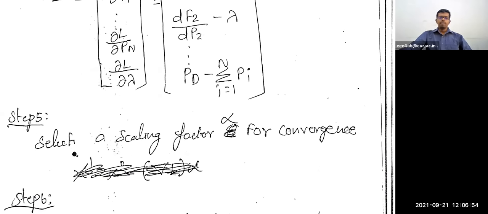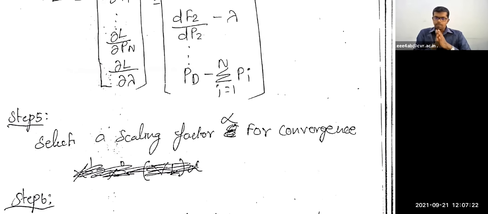So next we have to select the scaling factor alpha for convergence. As I already said, if you are not selecting the scaling factor, then if you program this algorithm in any programming language, it will run n times. It will not come to a convergence.